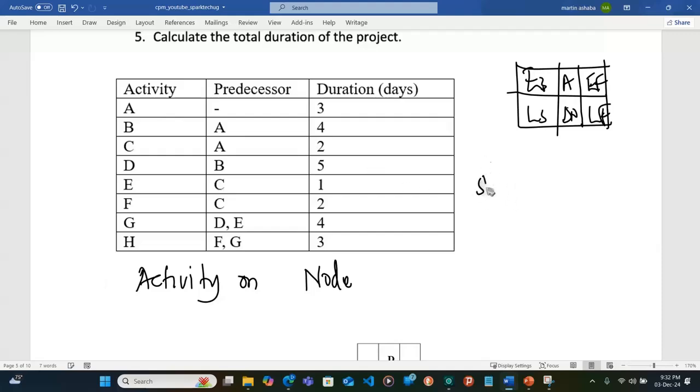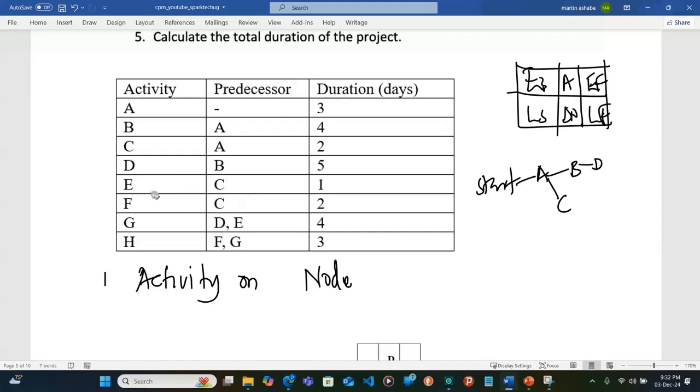So we have a start, and from the start we have our A. Okay, from A we have to do B and C. Then from B we have to do D. That's what it is saying.